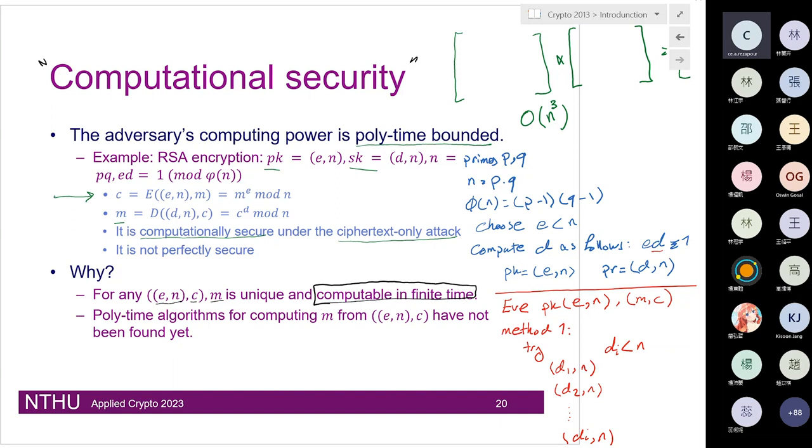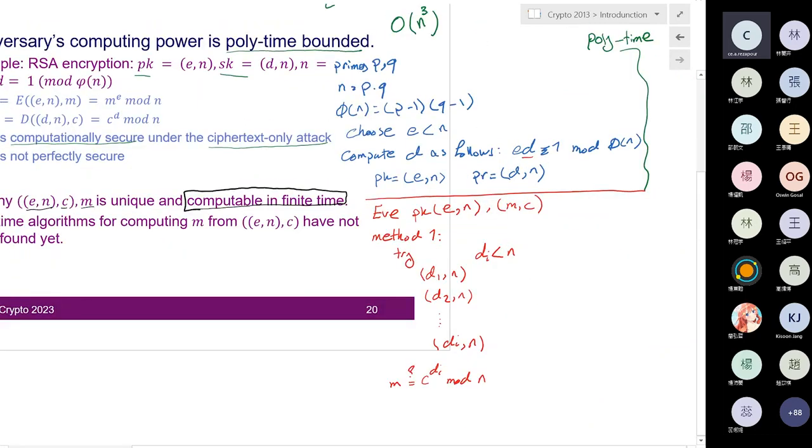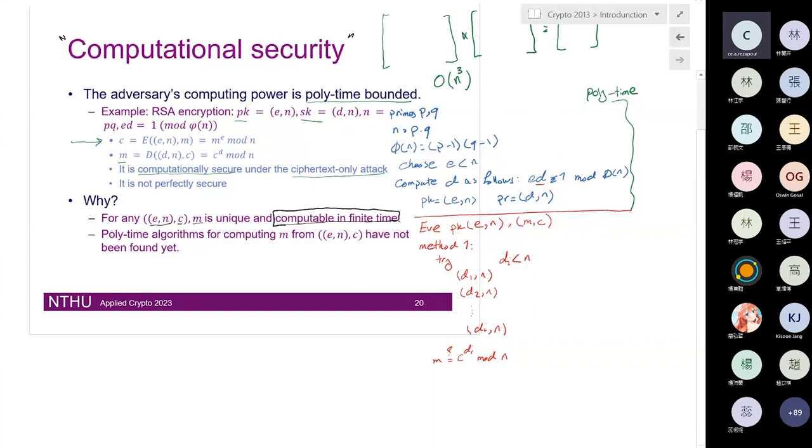That is the observation we had. And if you go back to method number 1, finding different D's, we would get back to the same issue. So these are two ways of breaking the RSA crypto system.